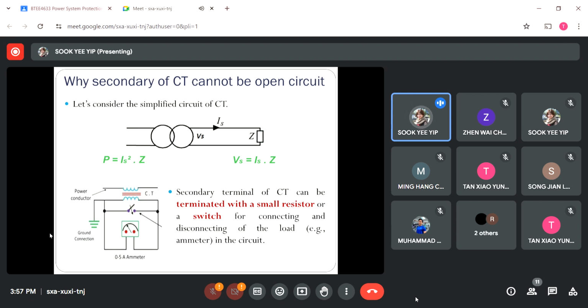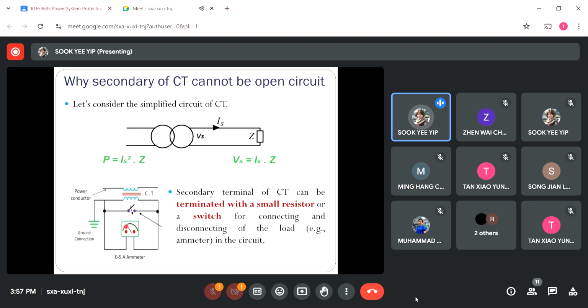For example, if you check out the figure at the bottom here, let's say this is a current transformer, this is the primary winding, this is the secondary winding. The secondary winding connects with the ammeter so that we can get the measurements. You will notice that the secondary terminals of the current transformer have been connected with a switch.